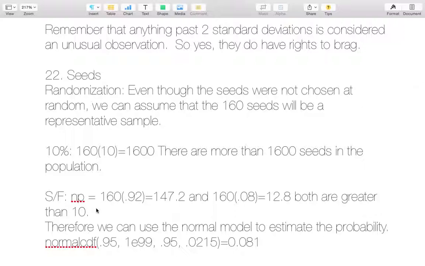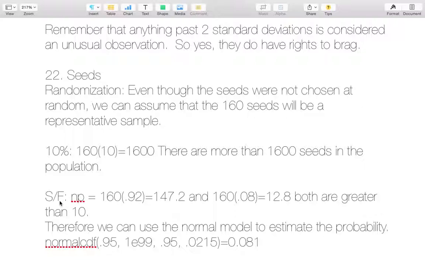Success or failure. Now this one is the one that says, can I use the normal probability? Can I use my normal CDF to actually find probability? If this fails, then I can't. I'm not allowed to use the normal CDF if I don't have a large enough sample. That's effectively what we're trying to show here.